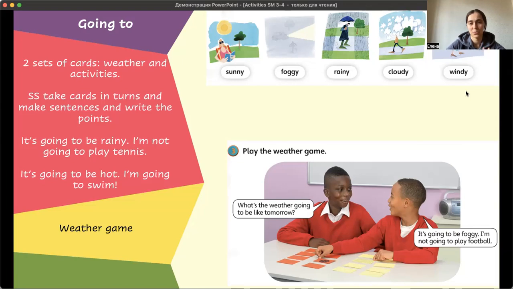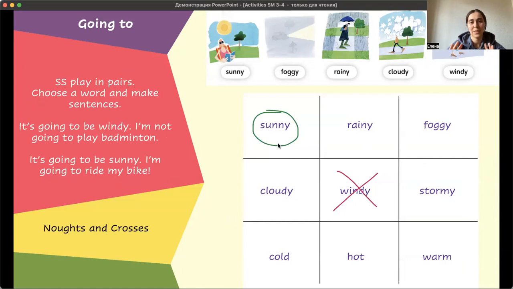So this is what the book says. And what I like to do is play this game. I think everyone knows it. So we can print, or we can give them laminated papers with these adjectives and ask them to work in pairs.